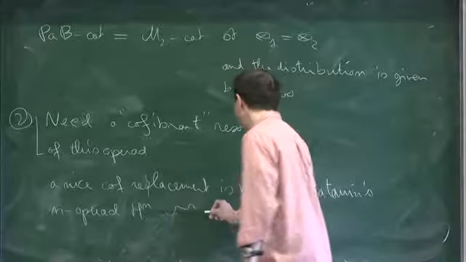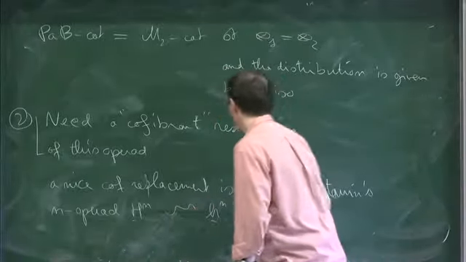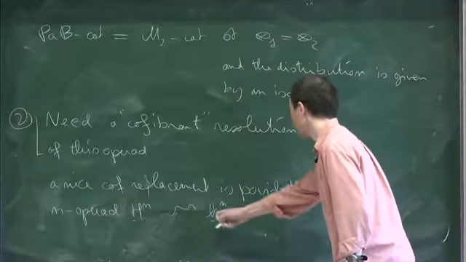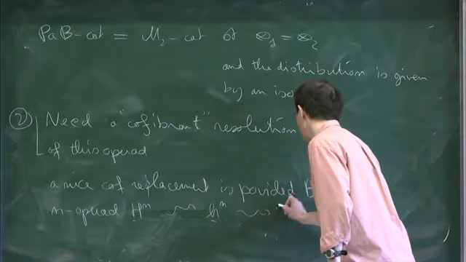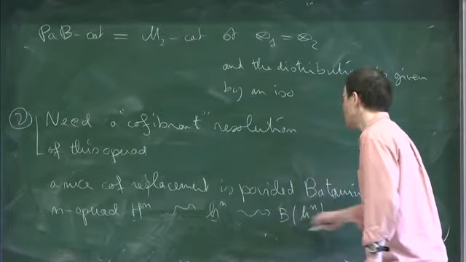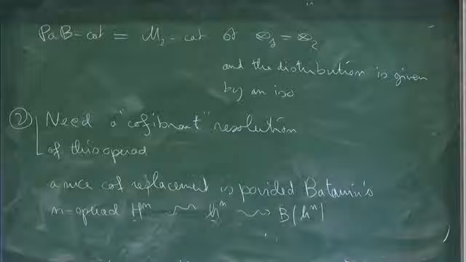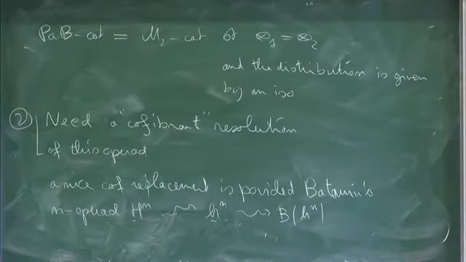From this operad you can get the operad of trees, small h, which is a usual operad in categories, and then take the classifying space of this operad in categories. So it's an operad in the category of categories.